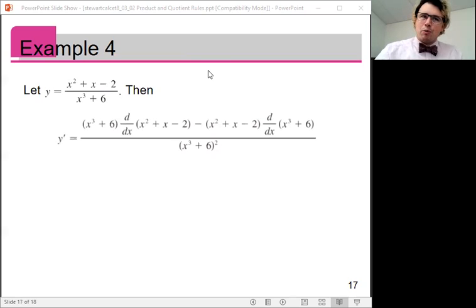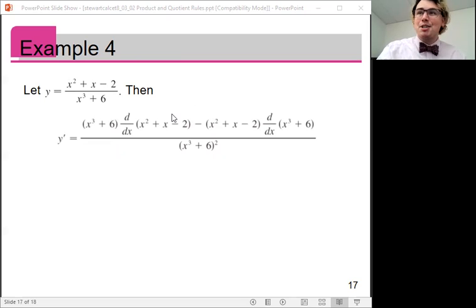The quotient rule tells me that y prime will be equal to ho d high minus high d ho, square the bottom and away I go. So I've got the original denominator, x cubed plus 6, times the derivative of the original numerator, the derivative of x squared plus x minus 2.